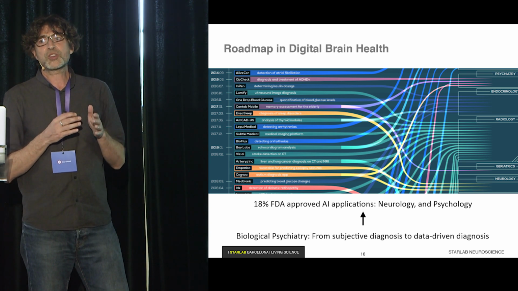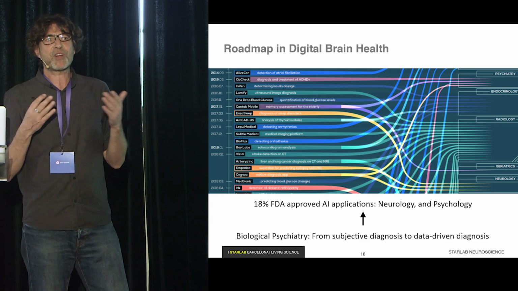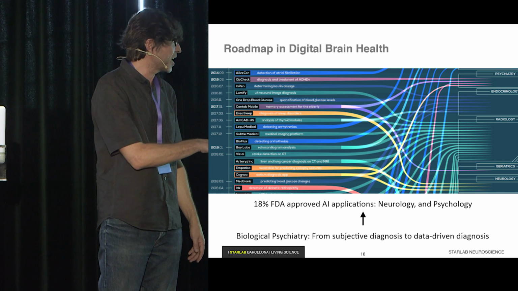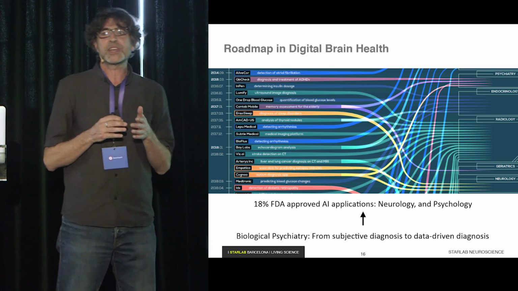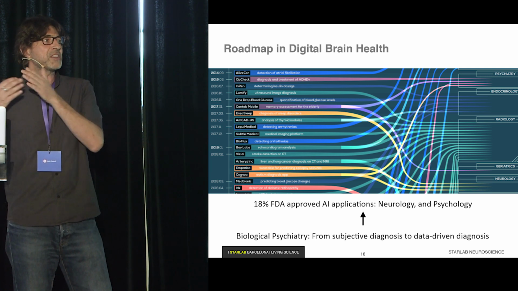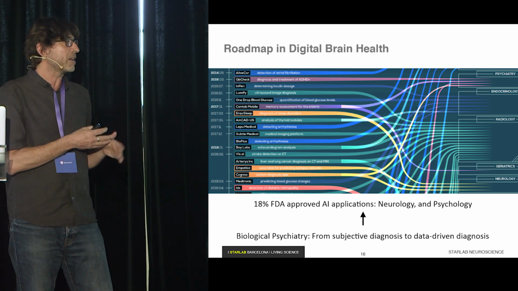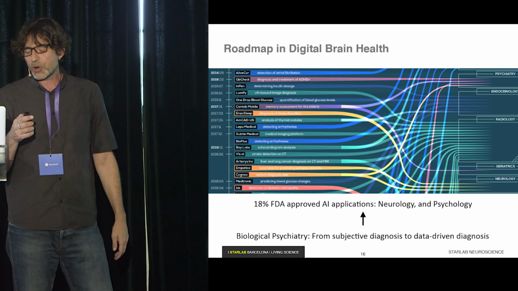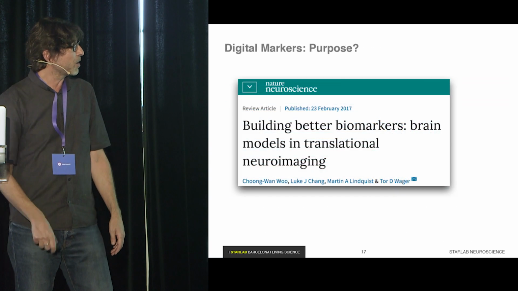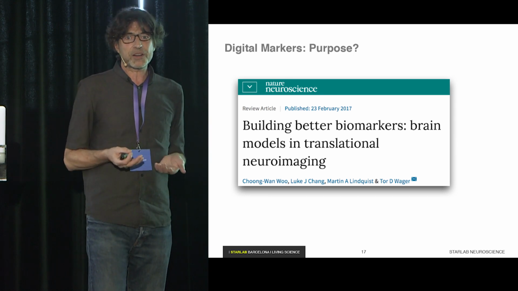And this is also all following a trend in the field which is called biological psychiatry, which is basically trying to come from a subjective evaluation-based diagnosis to a data-driven one, which fits very well in the purposes of machine learning.